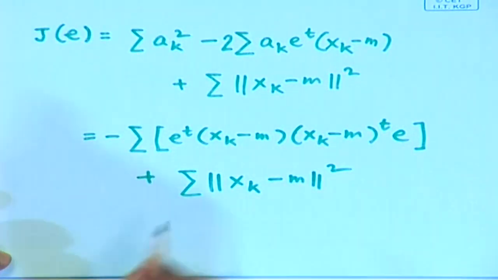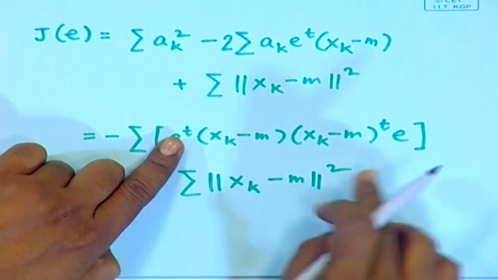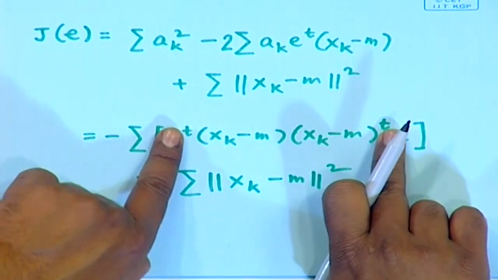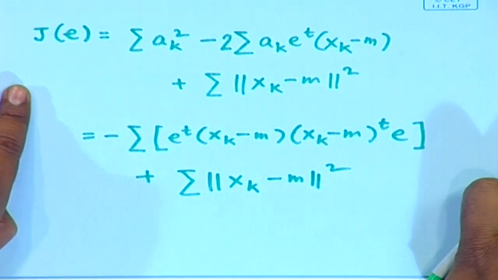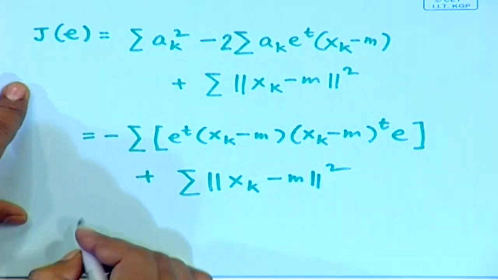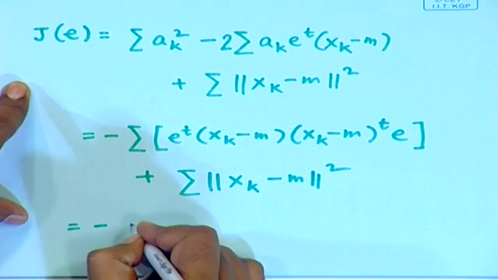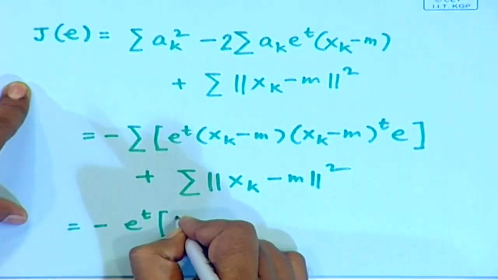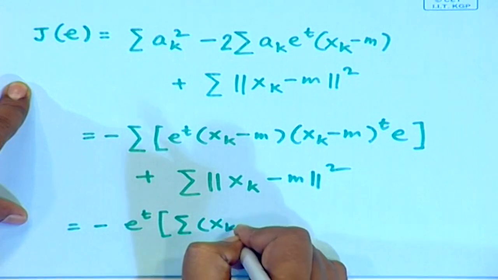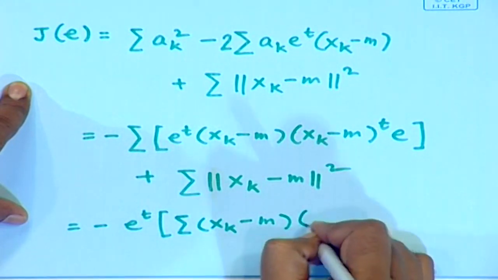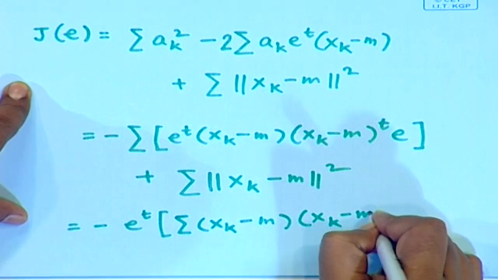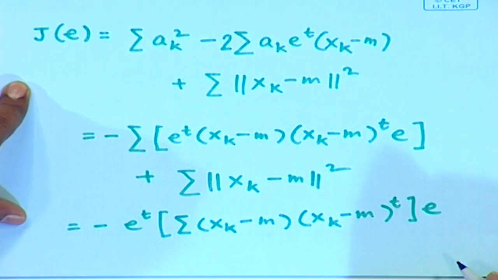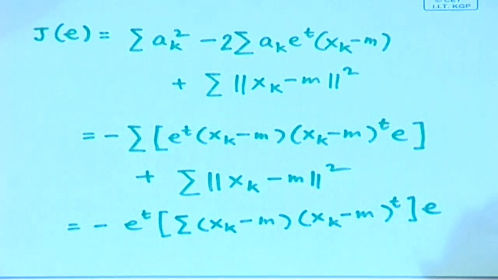Now, this E is independent of k. So these E terms I can take out of the summation expression. So I can write this as minus E transpose, summation xk minus m into xk minus m transpose, E, because E is independent of k.